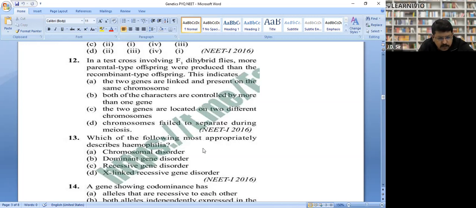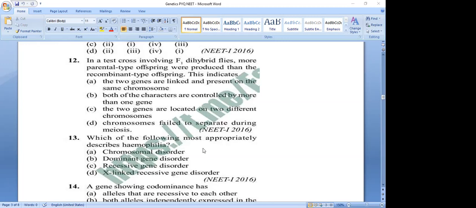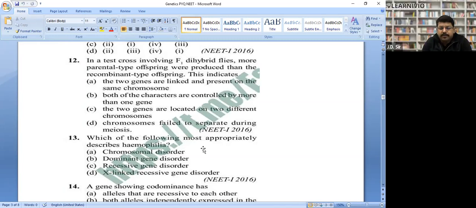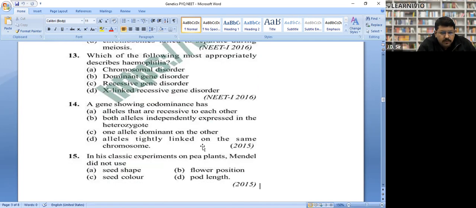Simple. The question belongs to linkage. It will indicate that the two genes are linked and present on the same chromosome, like option A. Right, right. This question belongs to linkage. This is simple linkage, with parental number. Very good.